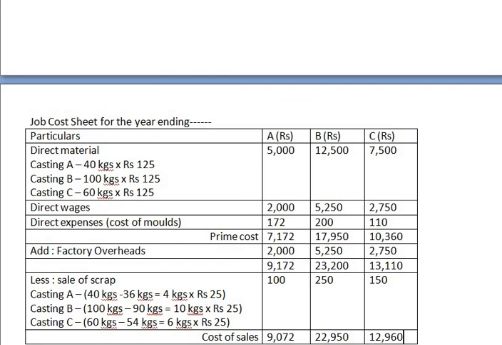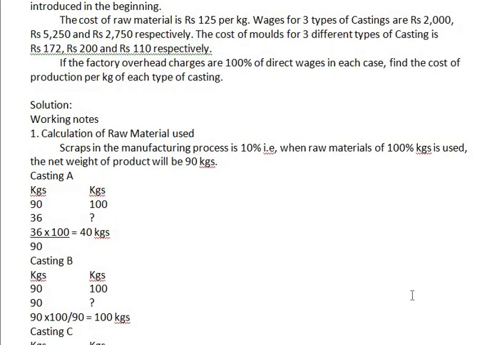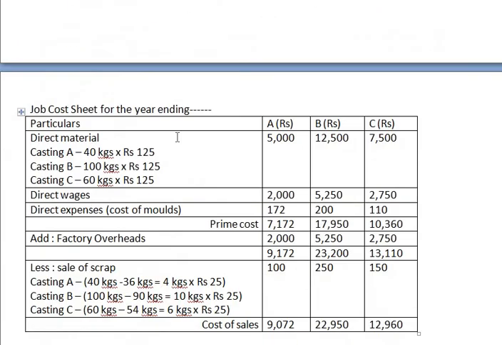Okay, now they have asked us to find out cost of production per kg, right? This is cost of sales, but they have told us to find out cost of production, so we will write it as cost of production only.